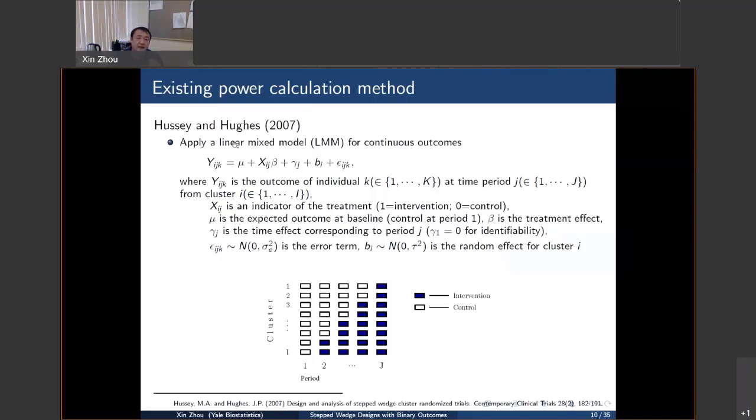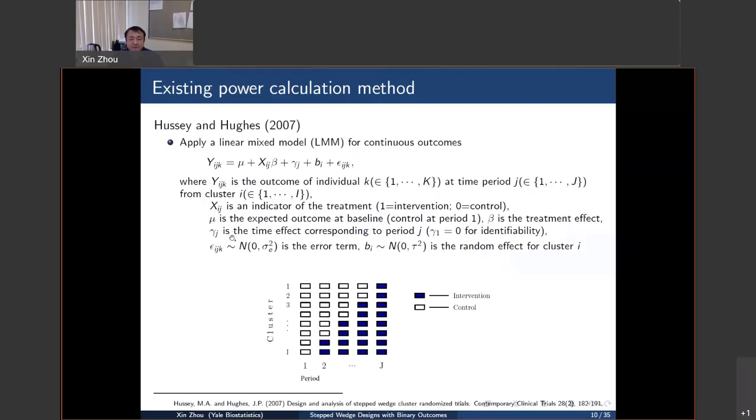They apply a linear mixed model for a continuous outcome. Let's take a look at this design with I clusters and J periods. Suppose there are K individuals at each period from every cluster, and Y_ijk is the outcome, and X_ij is the treatment assignment. Mu is the expected outcome at baseline, and beta is the treatment effect.